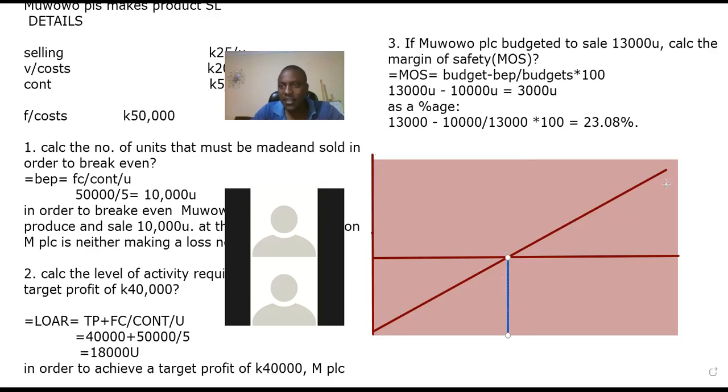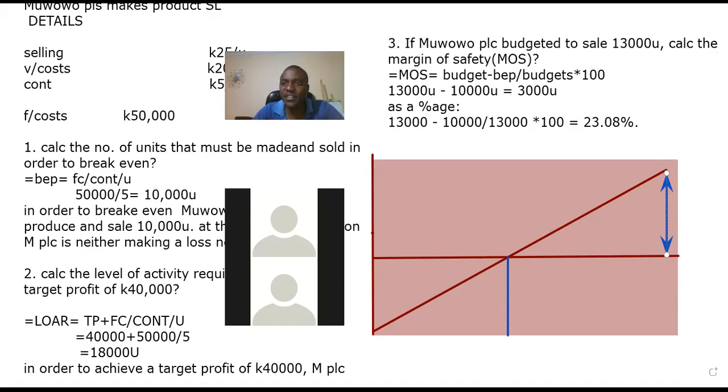And then remember at this point here, between these two lines, let me do this to make it nice. Did you see that? So between these two lines, what we have here is the profit.